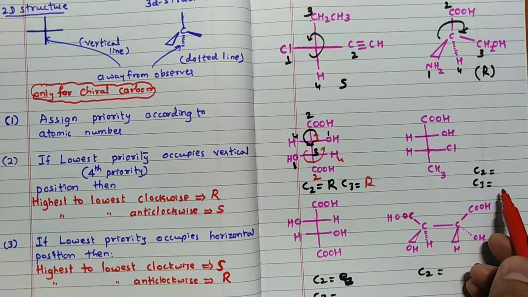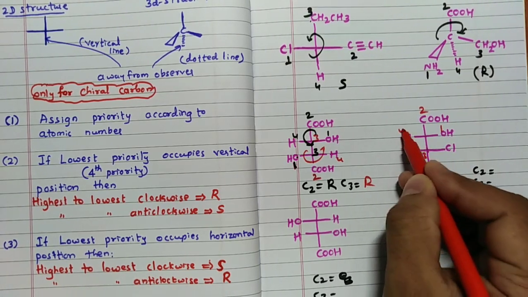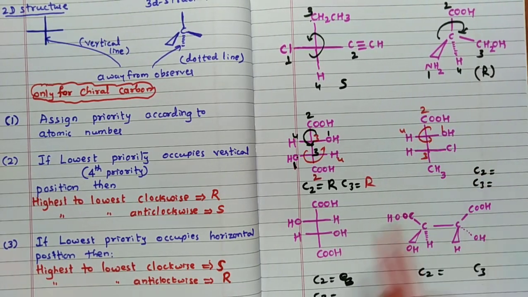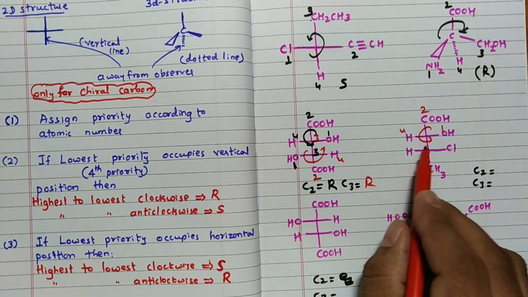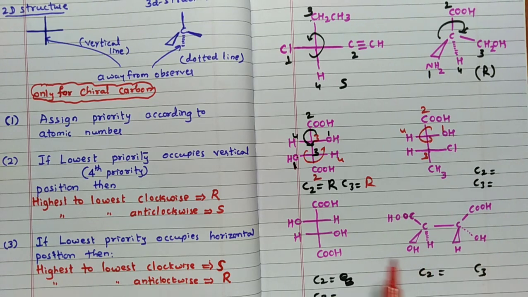What will you get in this particular case? First, second, third, fourth priority, 1, 2, 3. H is present in the horizontal position only, so it is R only. In this particular case, it is R.